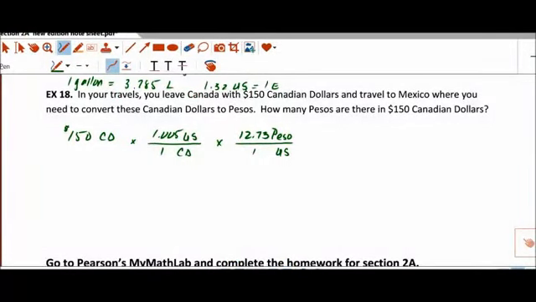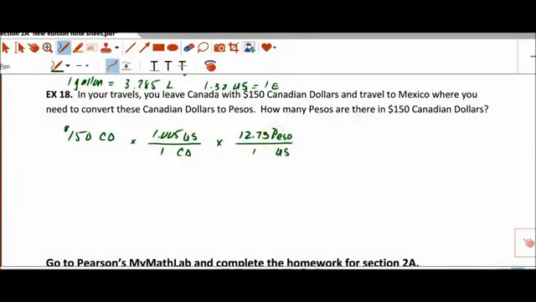So to get from Canadian dollars to pesos, our chart didn't give us a Canadian dollar to peso currency conversion. So we had to kind of stop somewhere in the middle. So from Canada, we had to stop in the U.S., find some conversion for the U.S. to Canadian. Then we can get to the Mexican peso by taking the U.S. and changing it to peso.